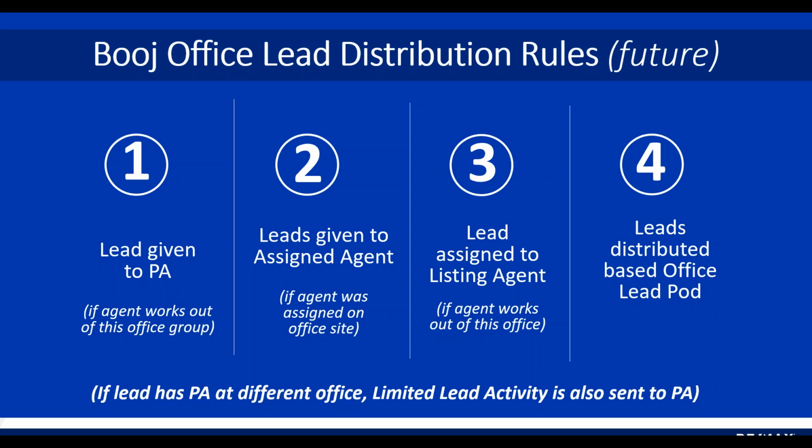Then we get into if leads are given to an assigned agent, they were assigned it, whatever. Listing agents, if the agent works out of this office, then leads are distributed based on office lead pods. So those pods are what we were talking about. If you have a very specific group of agents that do different things for the bigger teams, then you can set them up by pods as well. Does that make sense? Everyone good so far?